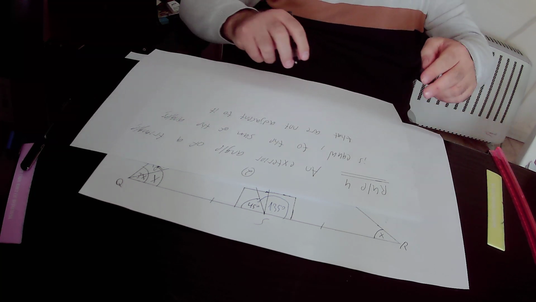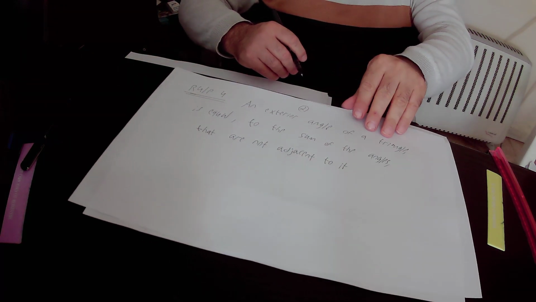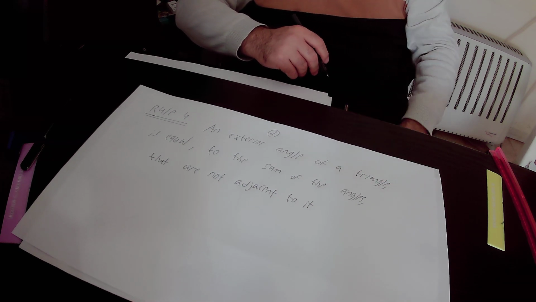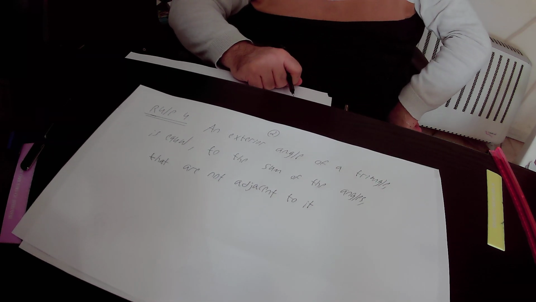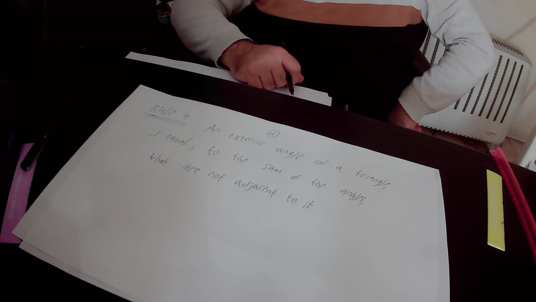I'll read rule number 4 again. According to rule number 4, an exterior angle of a triangle is equal to the sum of the angles that are not adjacent to it.